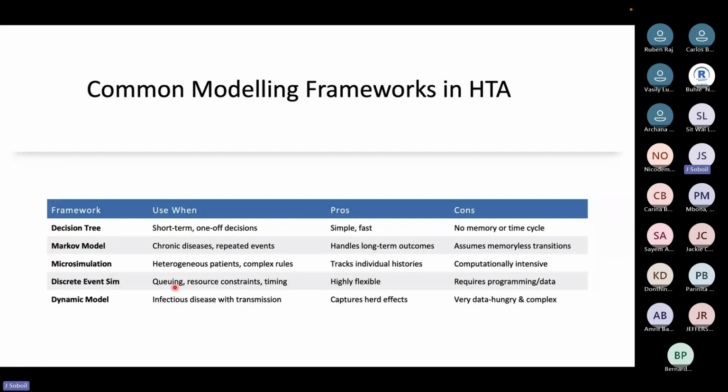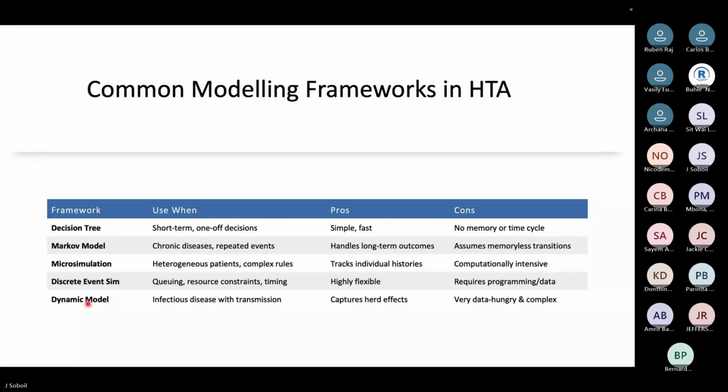So people queue, and then they might move to screening, etc. This model in particular is not widely applied in HTA, and in fact, often decision makers, as well as your external assessment groups, which critique the HTA submission models, have a hard time accepting or interpreting these models because they are very data hungry and very programming intensive, and they can be extremely complex. So you'll see these sometimes submitted, but very rarely are they actually well received by the HTA body.